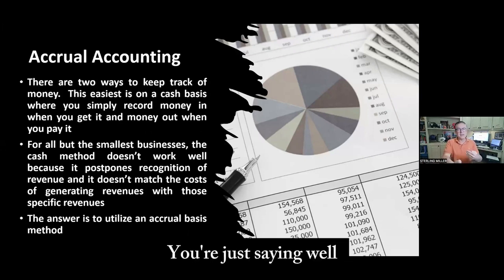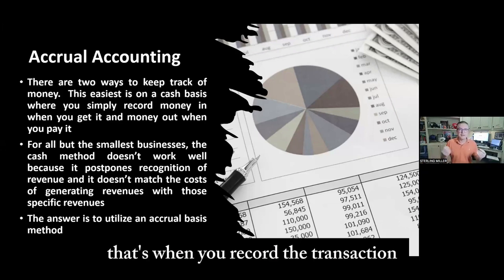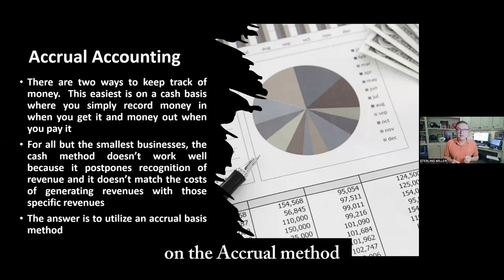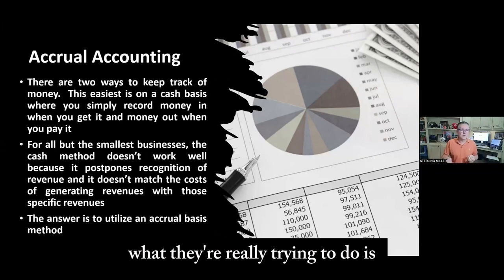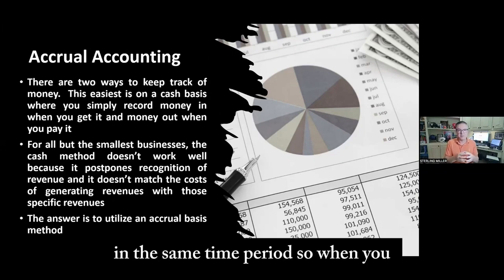If it's cash, you're just saying, well, I got cash in June, I paid a bill in September, and whenever those events happen, that's when you record the transaction. On the accrual method, what they're really trying to do is match up expenses and revenue in the same time period.